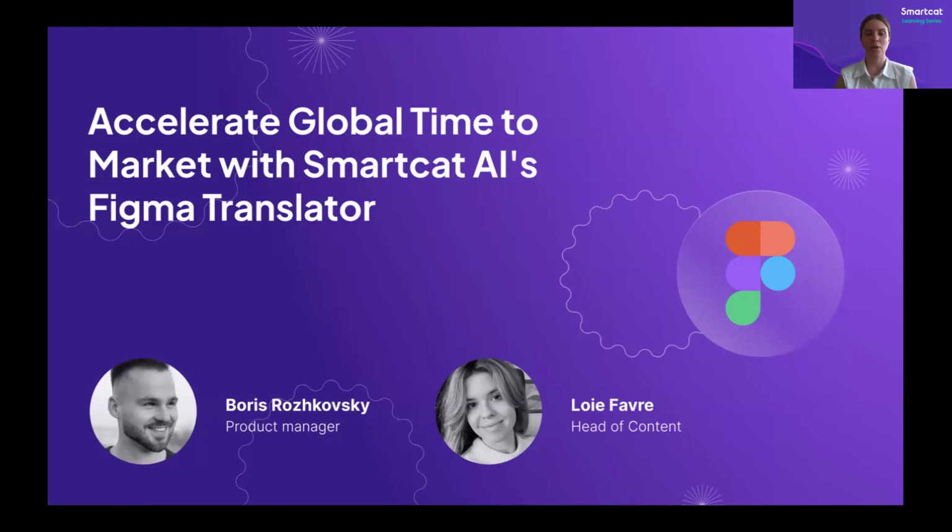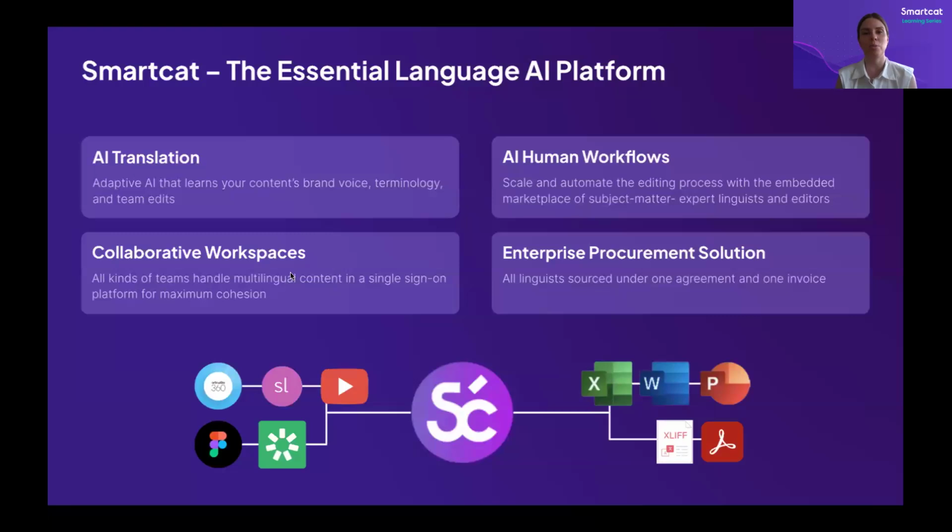Today I just wanted to quickly start with presenting what Smartcat is, before jumping into the agenda for the webinar, as well as the demonstration. For those who don't know, Smartcat is the essential language AI platform for any global enterprise.